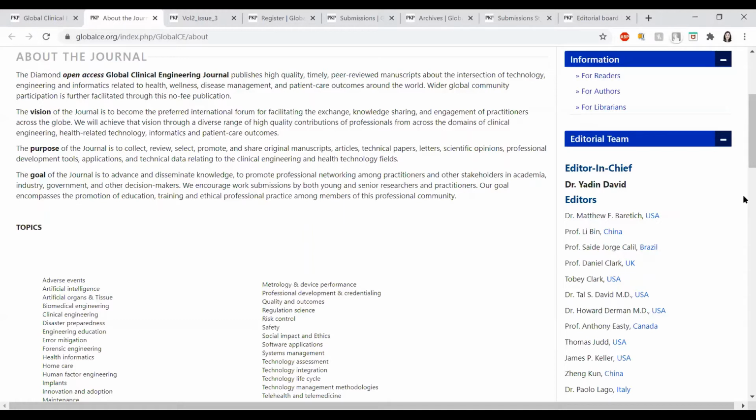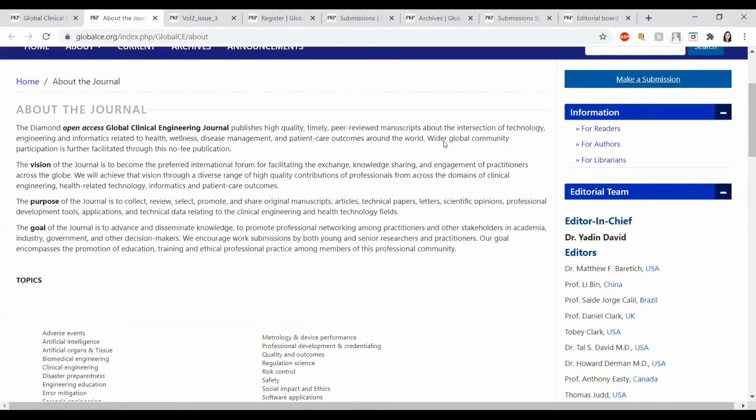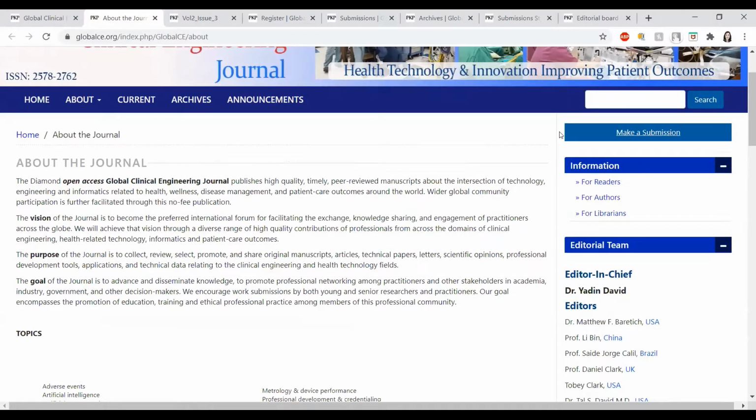So let me tell you very shortly how you can make a submission and how easy it is for you to become engaged with the journal. On the right-hand side, there is a column that, regardless of what page of the journal you're on, is always there.